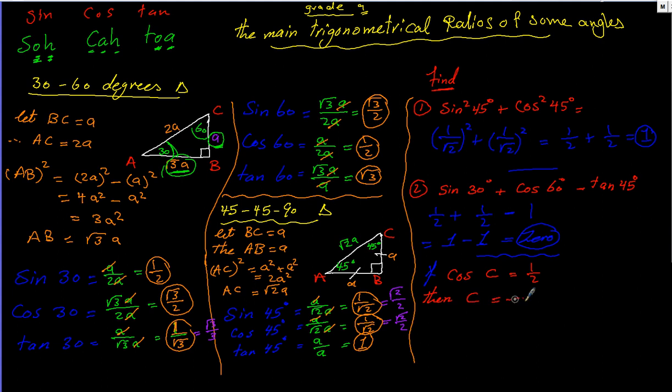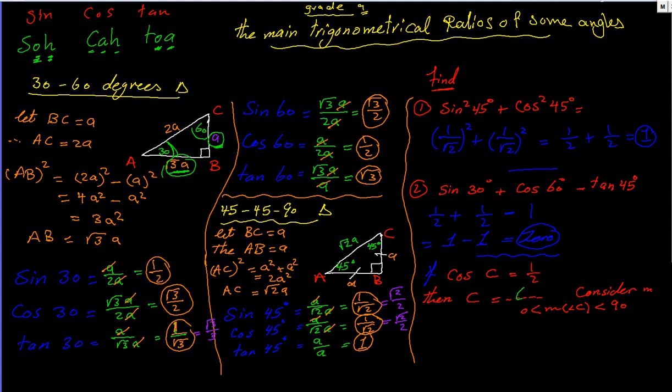Okay, and he says to consider the measure of angle C smaller than 90 and greater than 0. It means it's an acute angle. Here you can find that cosine C equals half. Cosine what equals half? Cosine 60. So this angle equals 60.